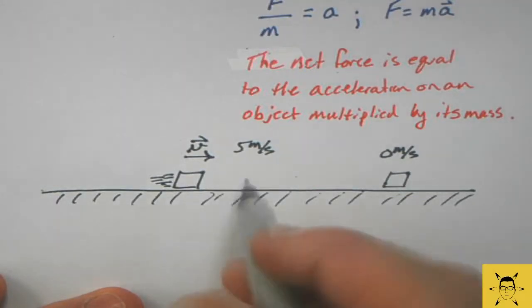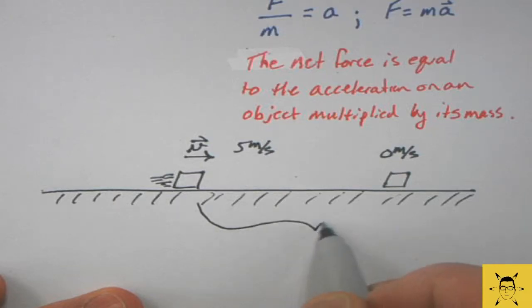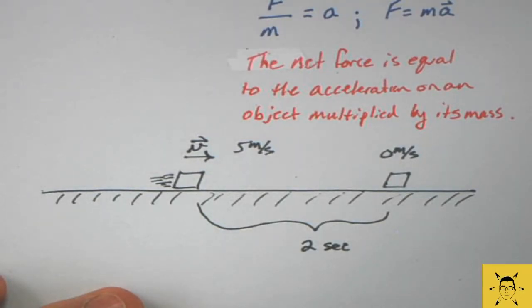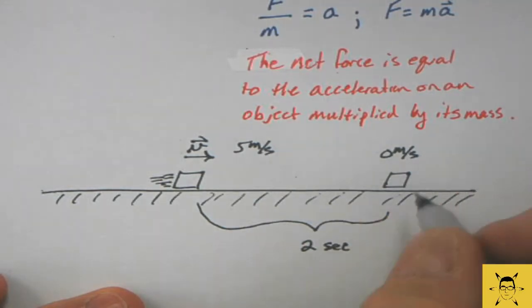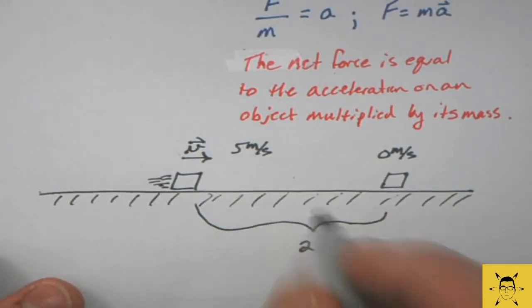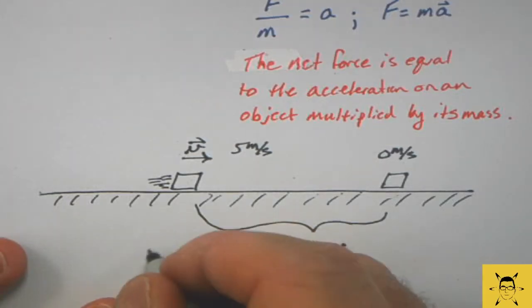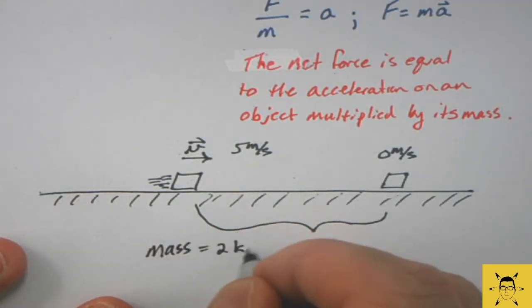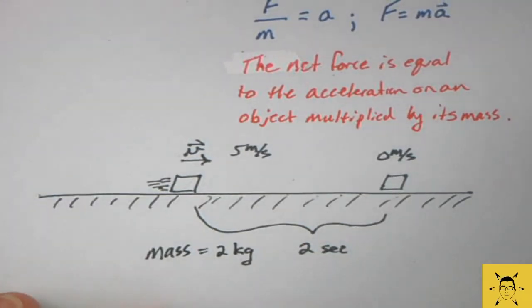Okay, and let's say this whole thing occurs in 2 seconds, going from 5 meters per second to 0 meters per second in 2 seconds. And the object has a mass of 2 kilograms.